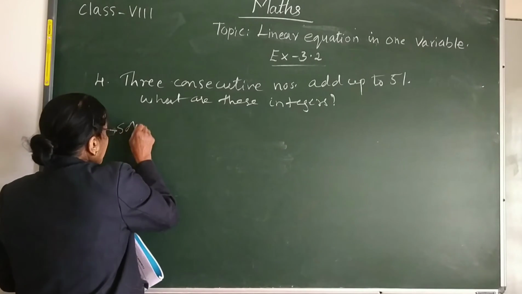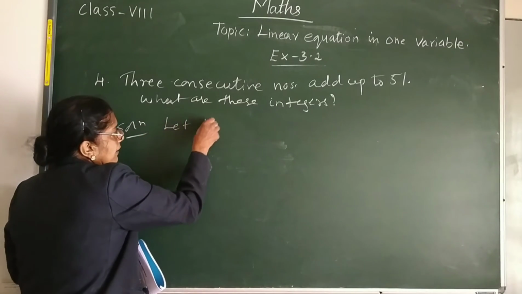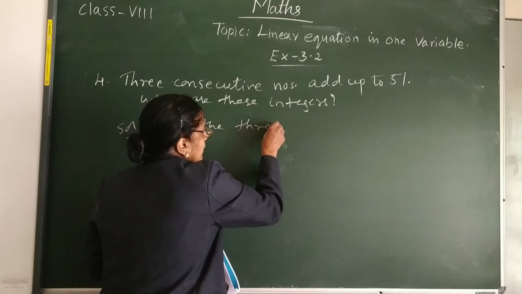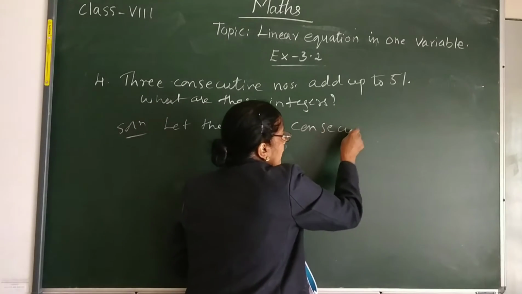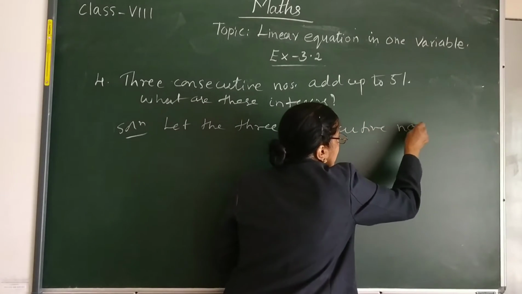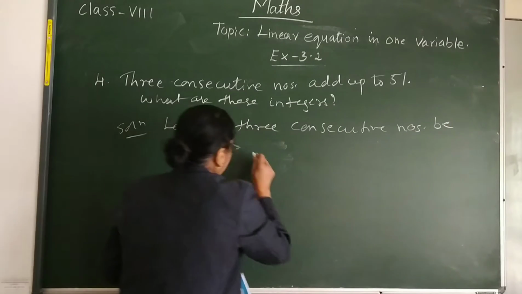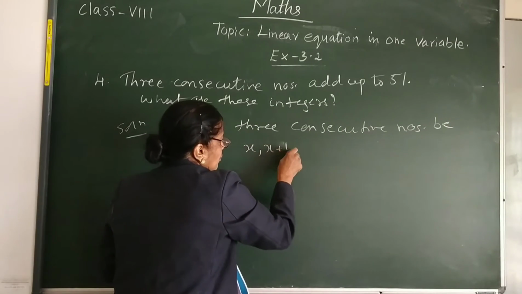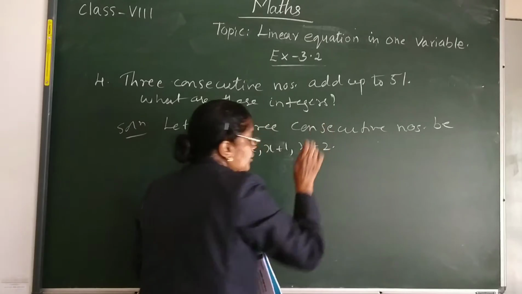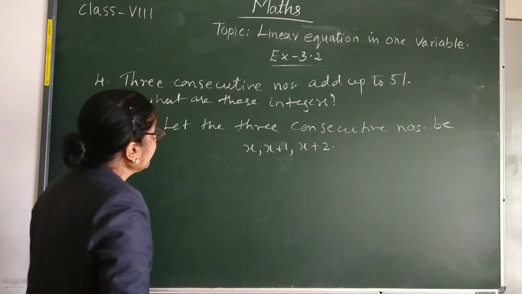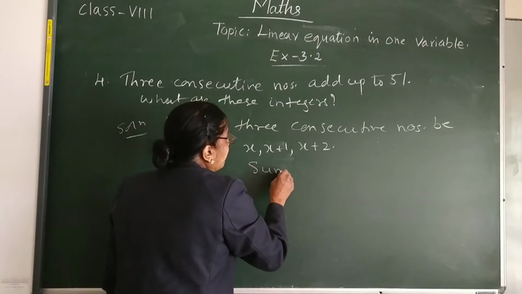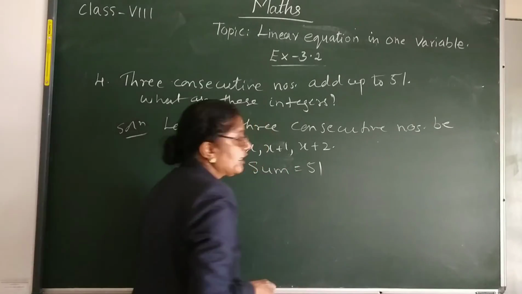So the solution, how will we do that? Let the 3 consecutive numbers be x, x plus 1, and x plus 2. What is the sum given? Add up means sum. Sum is equal to 51.